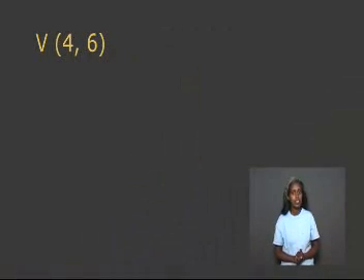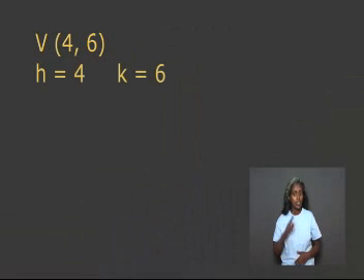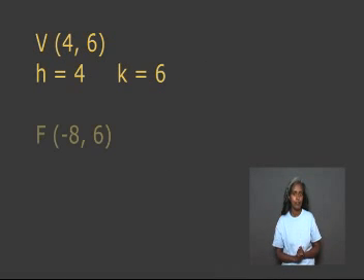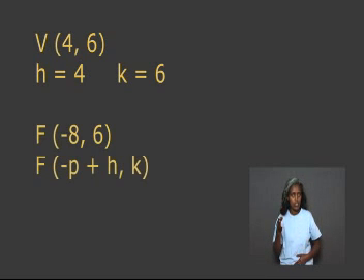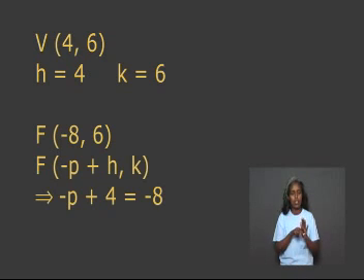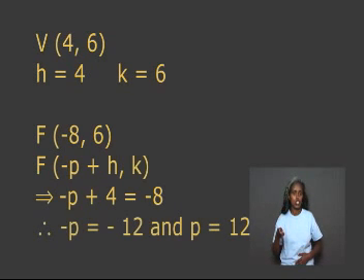Since the vertex is (4, 6), then h equals 4 and k equals 6. We know that the x-coordinate of the focus is found by negative p plus h.